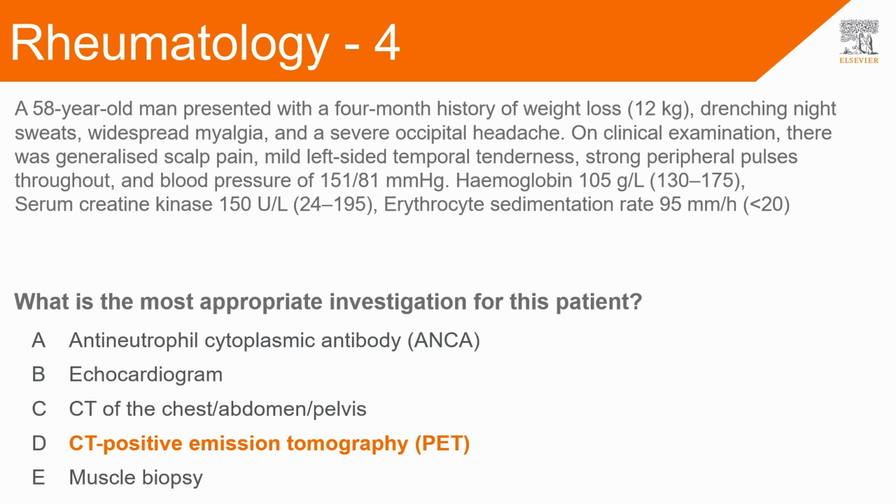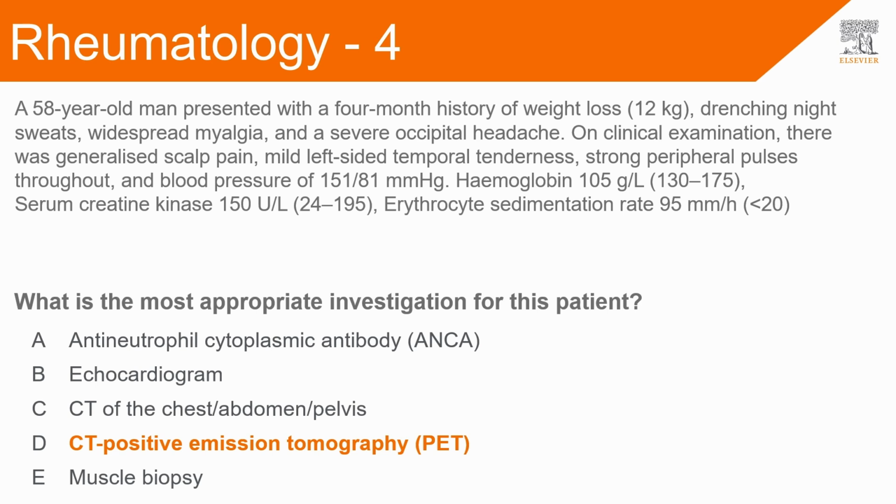But for someone like this, it wouldn't explain the scalp tenderness, and it really wouldn't neatly explain the rest of the symptoms that this patient presents with. So while CT chest abdomen pelvis may be a useful step if this is more generic, the fact that we've got scalp tenderness and temporal tenderness points toward GCA, in which case you would not do a CT chest abdomen pelvis, because it wouldn't tell us about the vessels and what's been happening there.